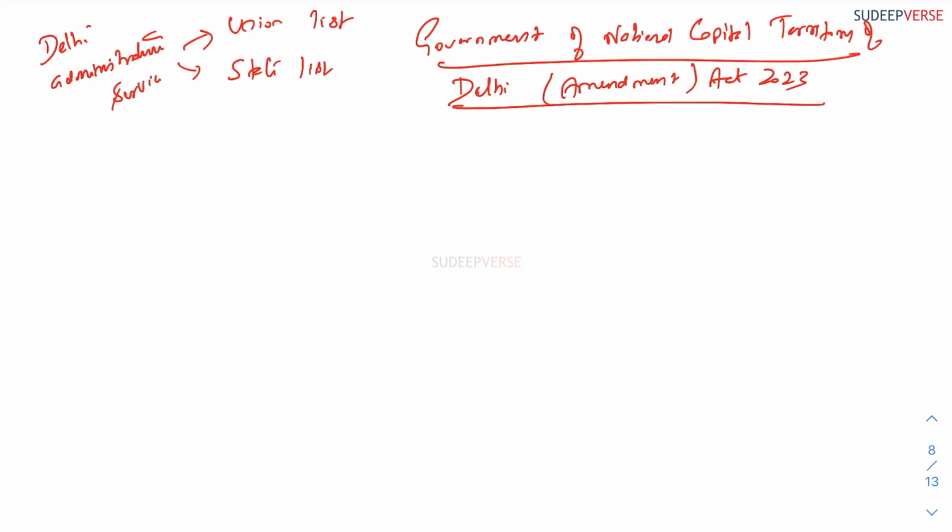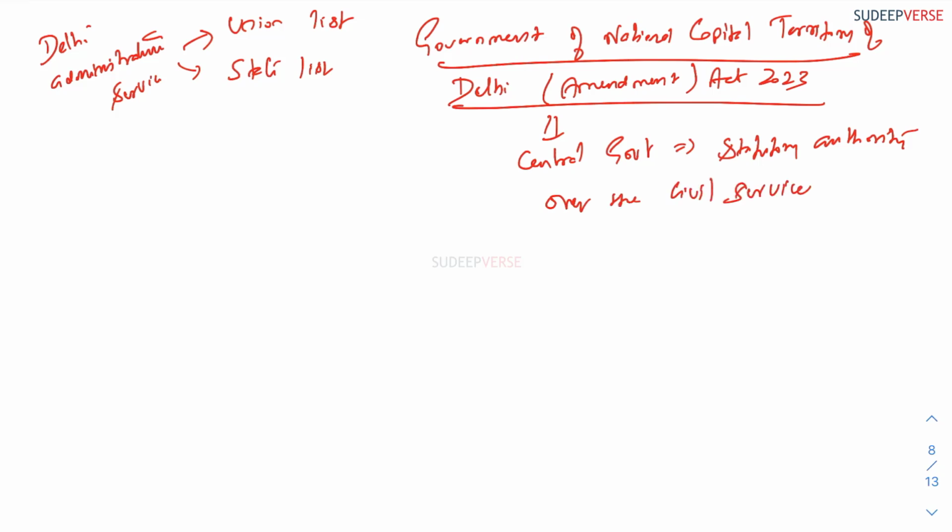According to this act, the central government was given the statutory authority over the civil services in the national capital.